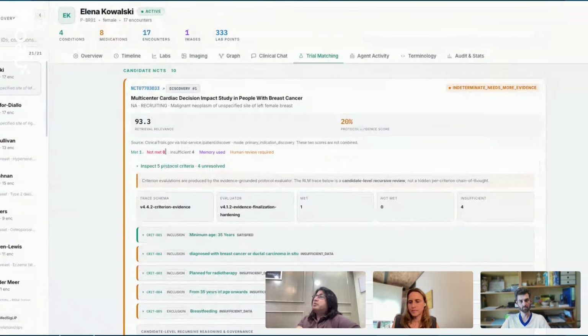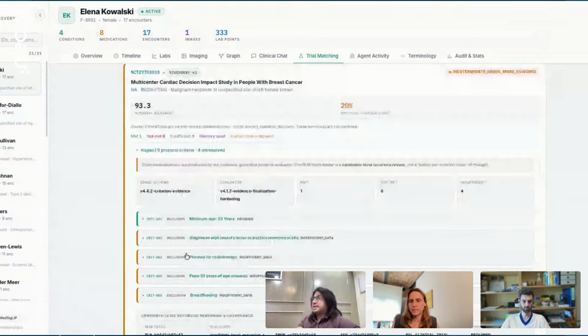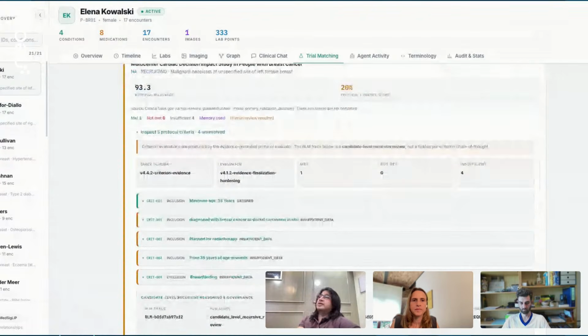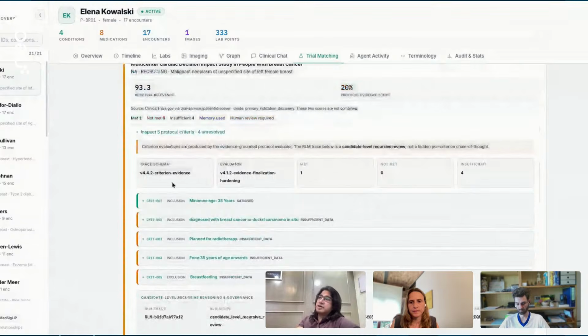So met 1, not met 0, insufficient 4. There were a total of 5 criteria that we have been looking at. This is the traceability, because this is where we look into the trace of the evidence, what evaluation was being done, and the traceability helps the RLM or the agent memory to go back, look into the trace and see what was done.